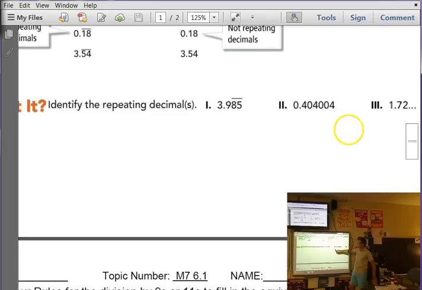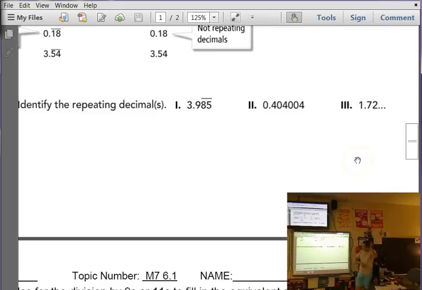So if we were to look at these 3, if I look at number 1, Atticus, what repeats there? What numbers actually repeat? Yeah, the 85. The 9 is not under the bar. It does not repeat.